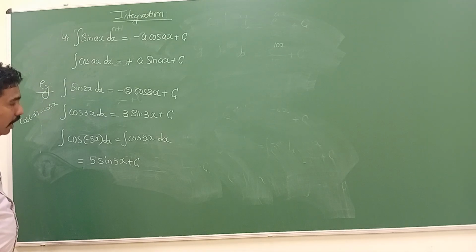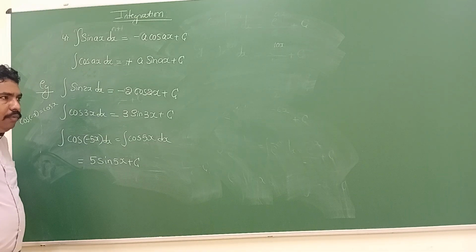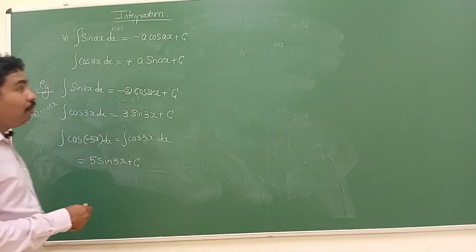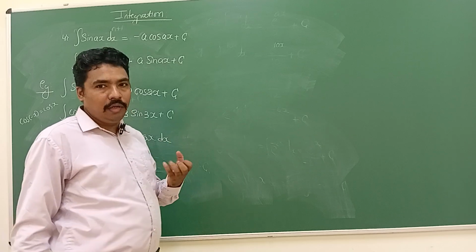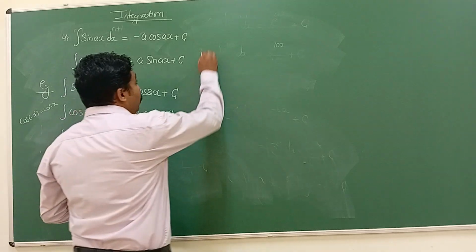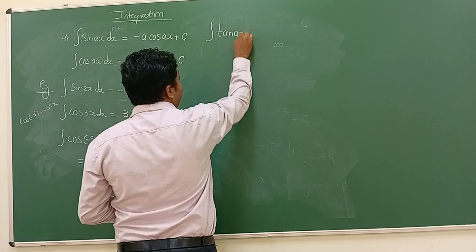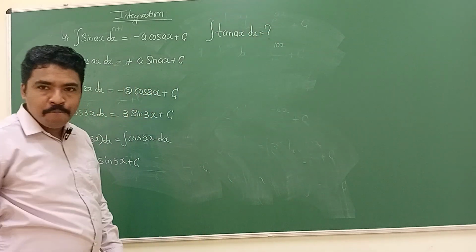If I take tan, many students, if we suddenly ask for the formula, may not remember it. If you are not able to remember the formula, you should know the trick to find the tan x formula. So I want to find the integration of tan ax dx.